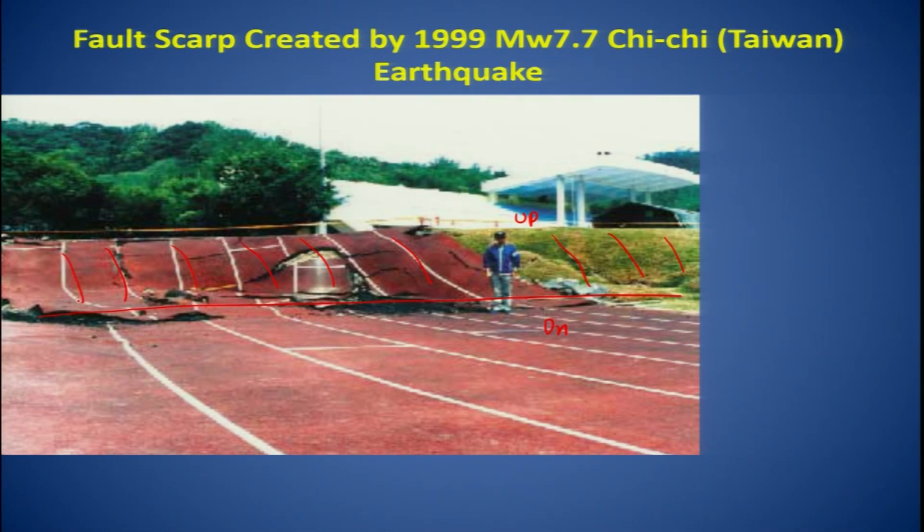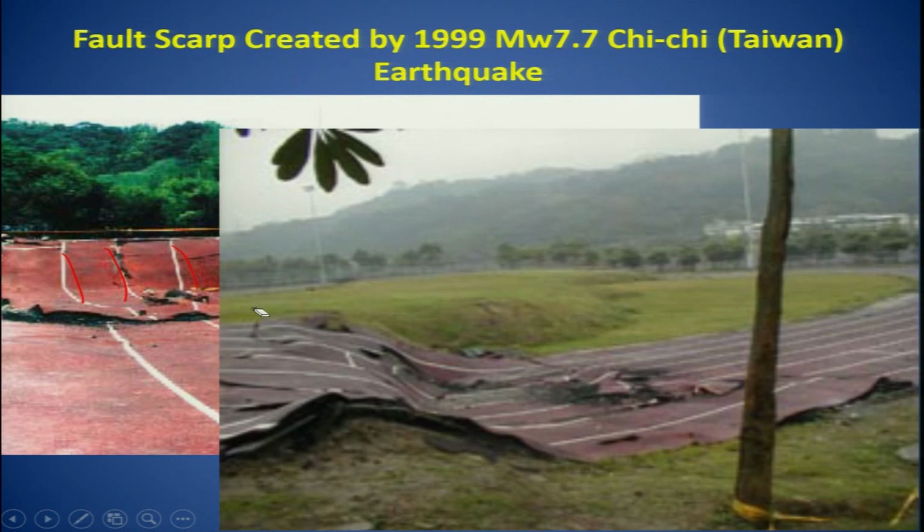Another example of that. You can see the displaced, warped running track here, and the surface which is deformed. The fault runs somewhere like this.